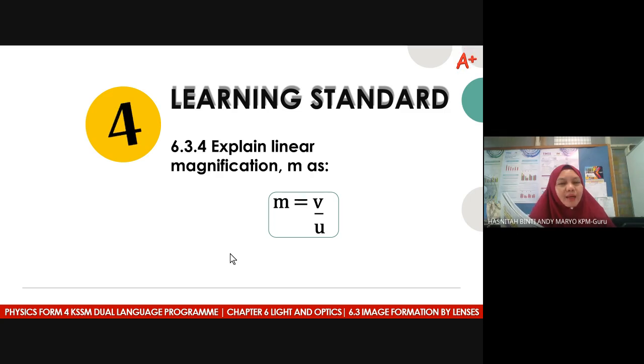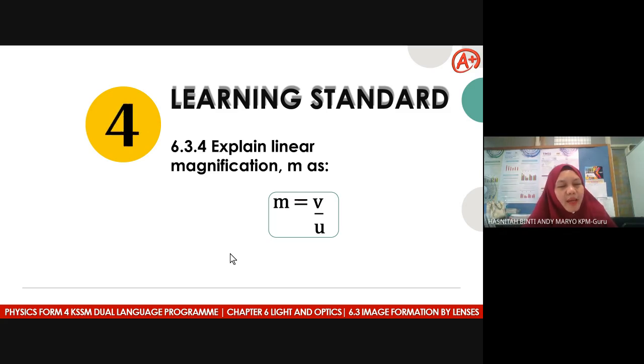Second, mark the focal point with F, then mark the optical center with O, and then finally mark the focal length. Can you make a correction there? Focal length with symbol small f. So I read the instruction and you please do some small correction there.